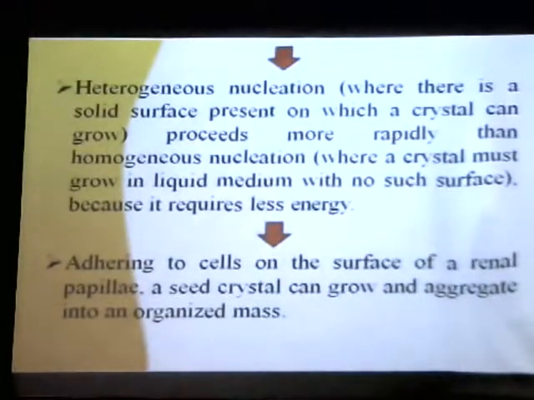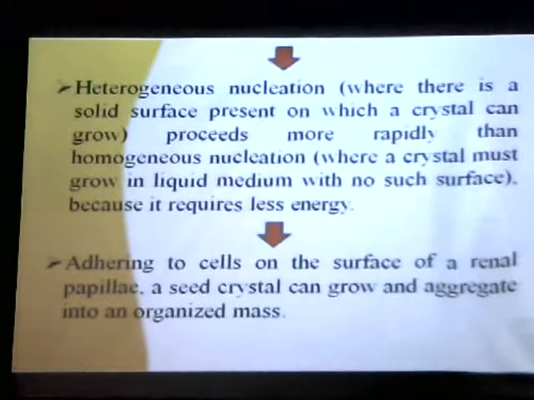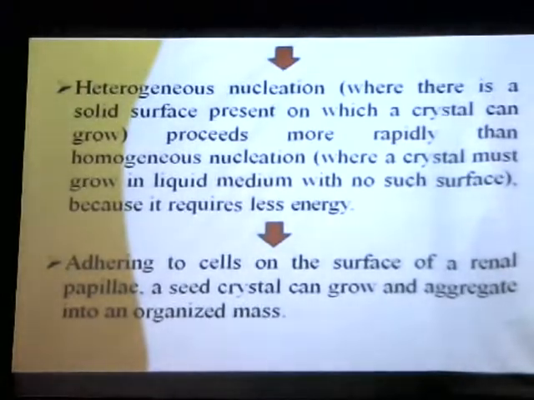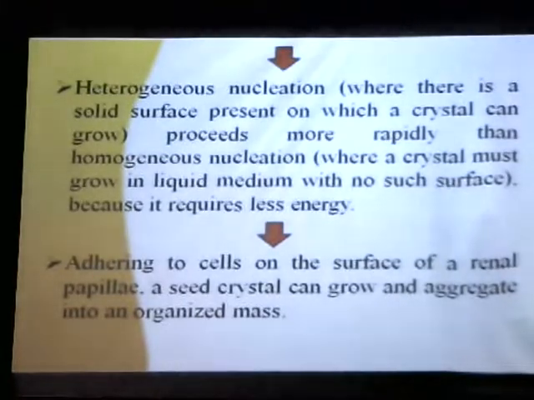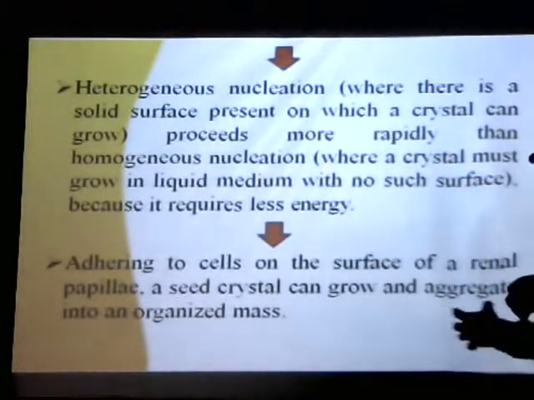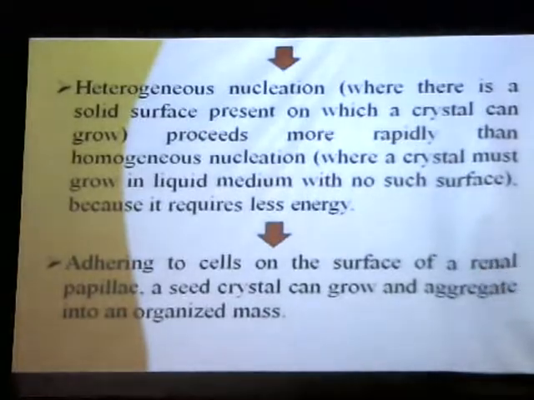Now what happens further is heterogeneous nucleation, where a solid surface is present on which the crystal can grow. It proceeds more rapidly than homogeneous nucleation, where a crystal must grow in a liquid medium with no such surface, because it requires less energy. So this is where your biophysics comes into action, explaining what is happening.